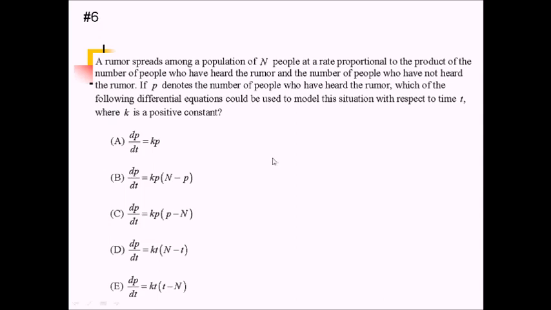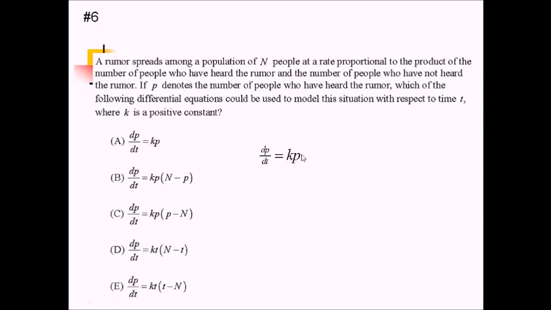So we're going to have dp over dt, which all the answer choices have anyway, equals, and they said that this is a rate proportional to the product of the number of people who've heard the rumor. So if it's proportional to the number of people who heard the rumor, we've got k times p. Proportional to always means we have k times something, and p is the number of people who have heard the rumor.